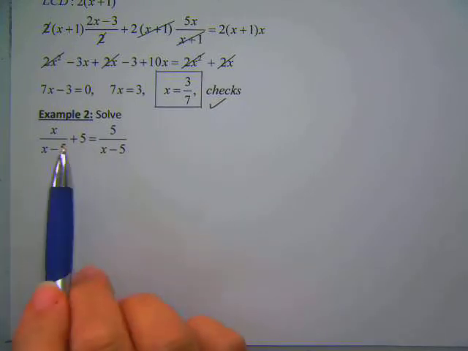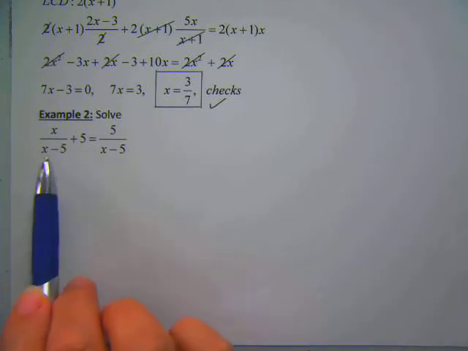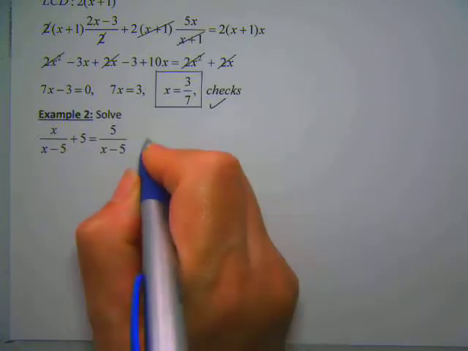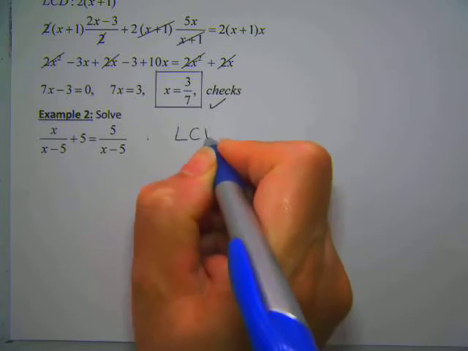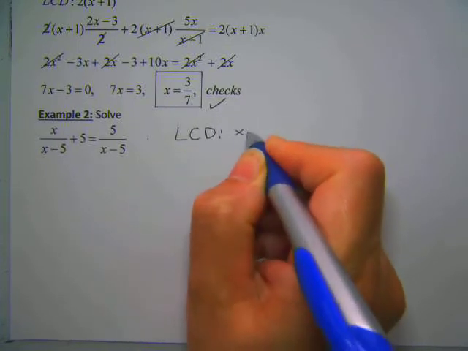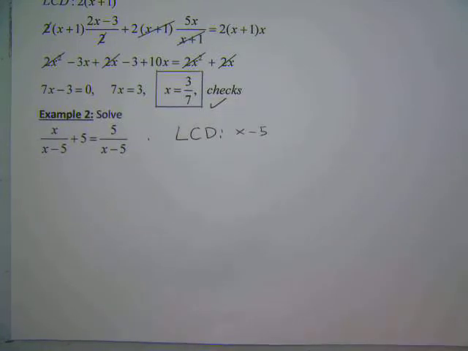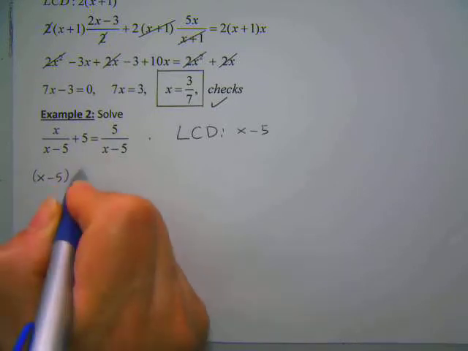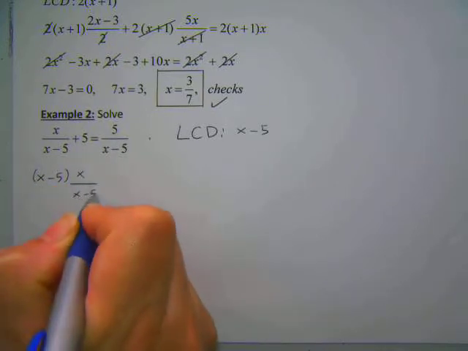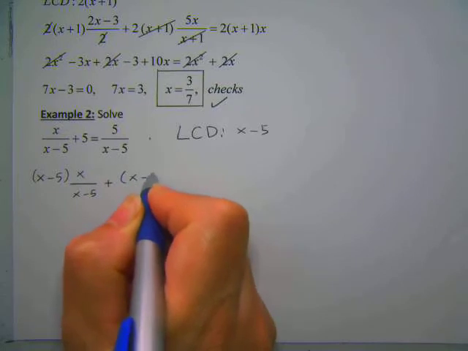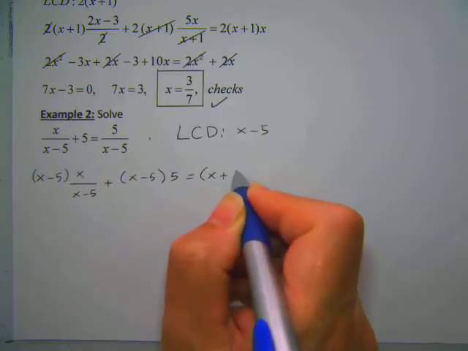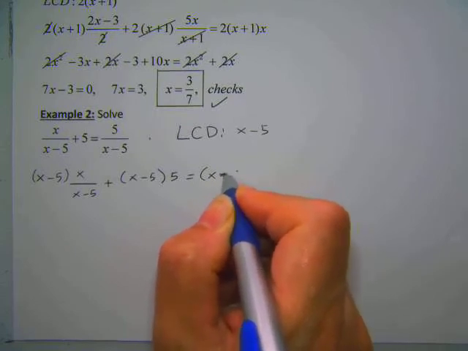Example 2: x over x minus 5 plus 5 equals 5 over x minus 5. That's an easy one. There's only one denominator. Always specify what your least common denominator is. Please don't skip this step. We're going to multiply each term by the least common denominator, each term, because we're multiplying the whole equation.